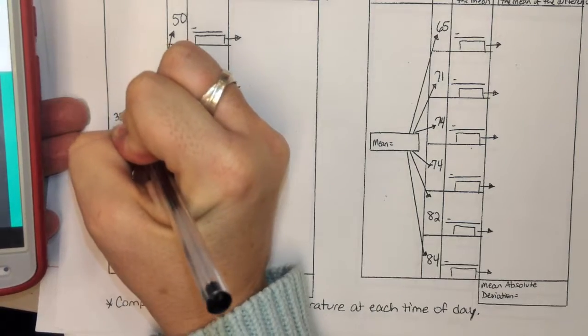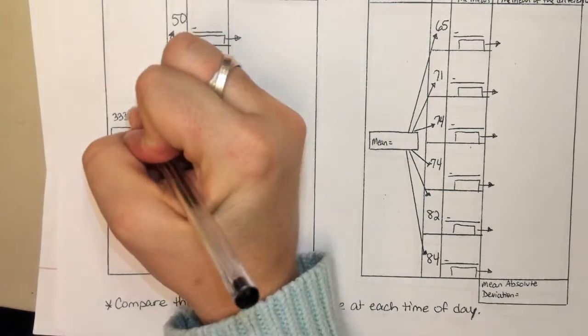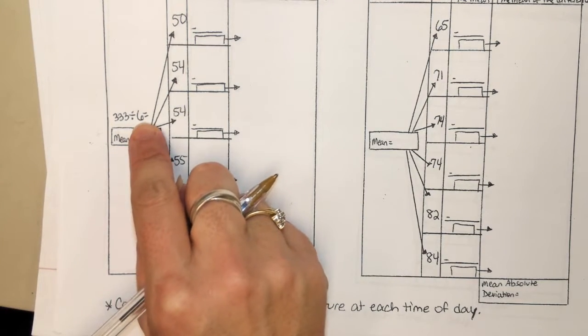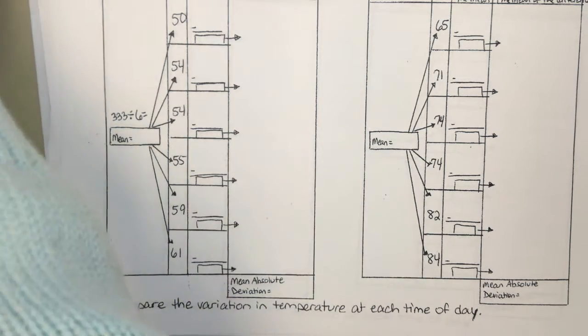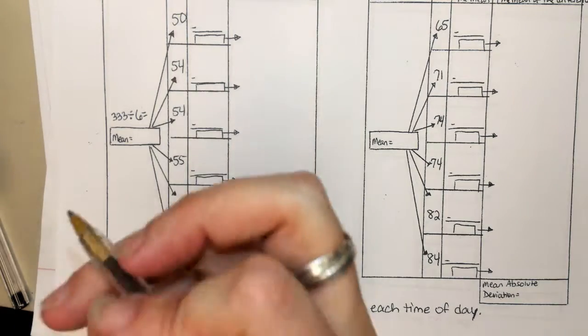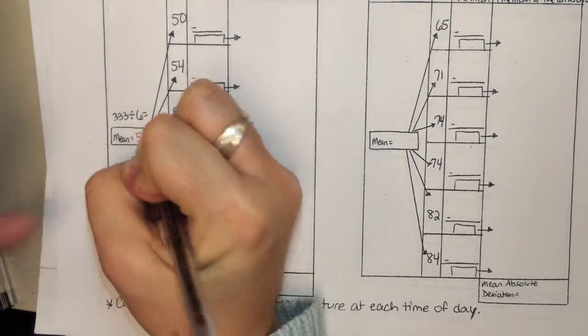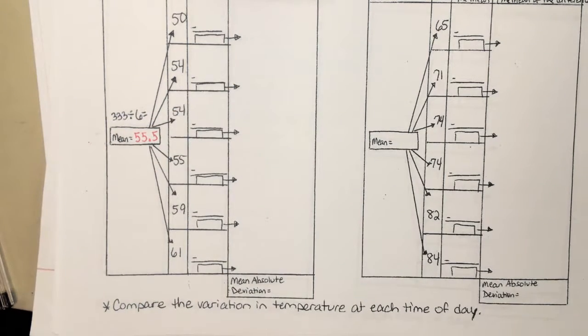And then divide by whatever it is, 6. Okay, I write that up there, so in case I mess up, we can talk about why we messed up. So, yes, my mean is 55.5.